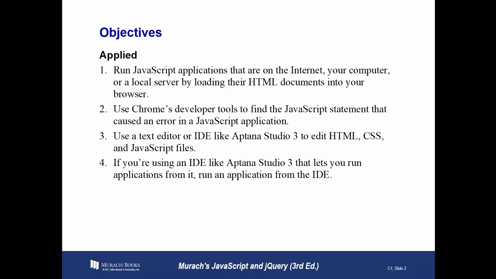Use a text editor or IDE, which is short for Integrated Development Environment, like AWD1000 Studio 3 to edit HTML, CSS, and JavaScript files. If you're using an IDE like AWD1000 Studio 3 that lets you run applications from it, run the application from the IDE. Those are our 4 applied objectives.